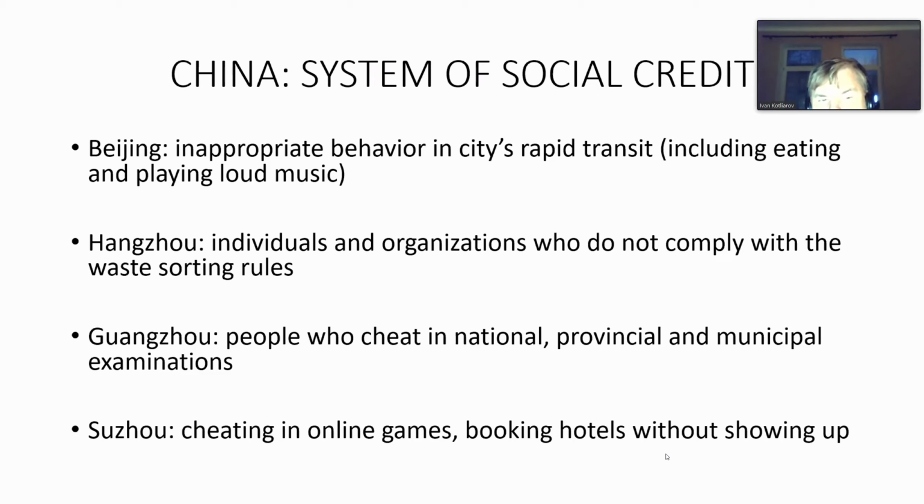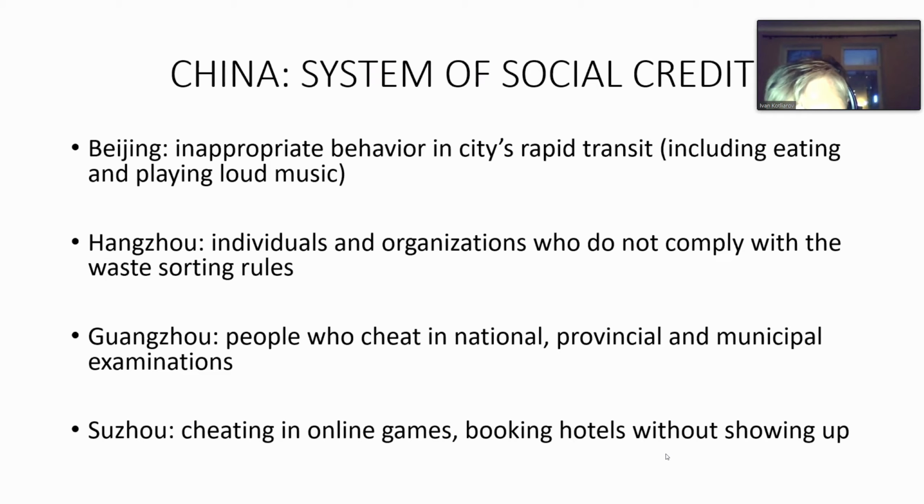Well, in case of Hangzhou, individuals and organizations who don't comply with the waste sorting rules. Okay, very important problem from the ecological point of view. Ladies and gentlemen, you as students maybe will like the point 3 in Guangzhou, people who cheat in national, provincial, municipal examinations.